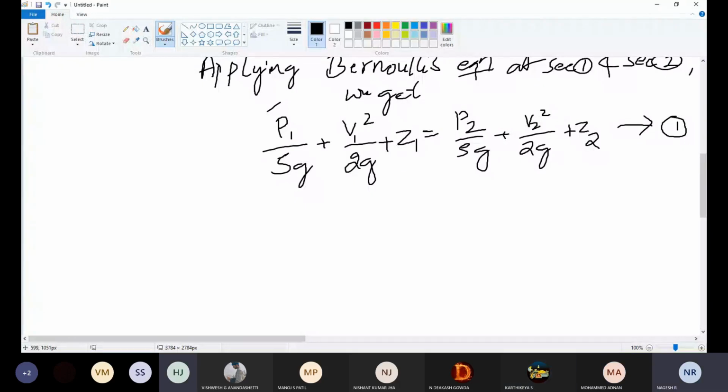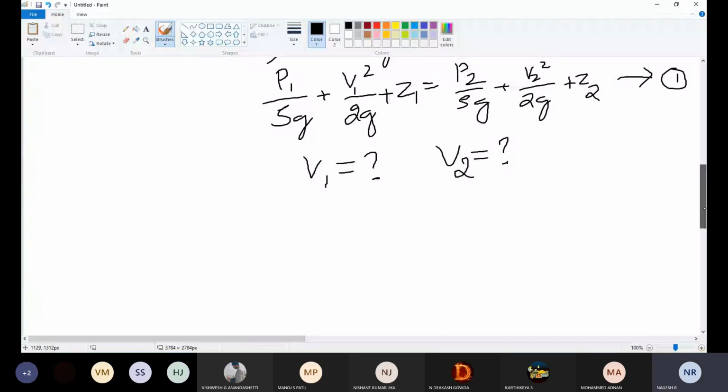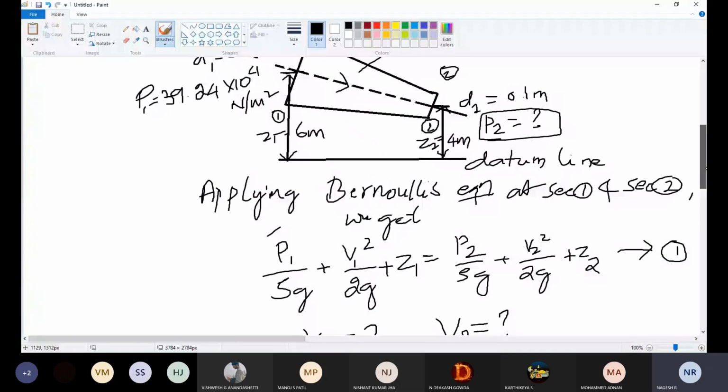No, sir. Then Z1 is given. P2 is not given, so we need to find it from this. Is V2 given? No, sir. So from the given data, can we find out V1 and V2?